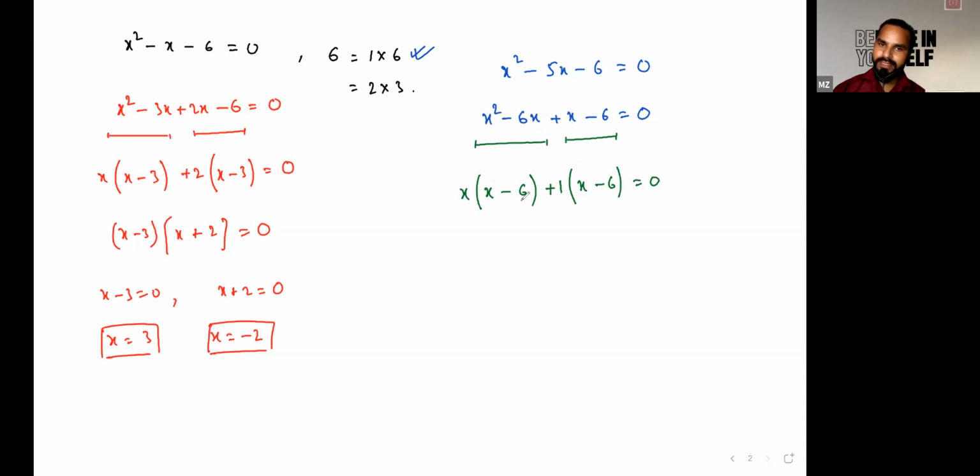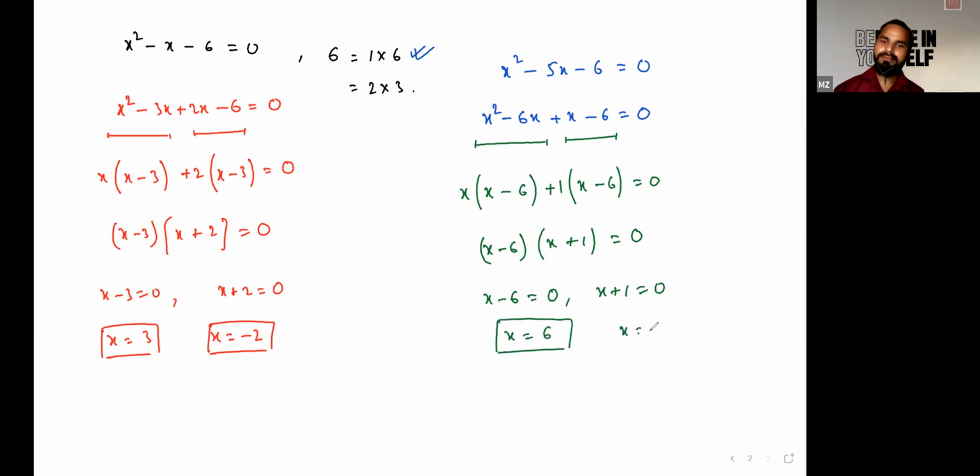Now we have x minus 6 as common from both these parts. So we're left with x plus 1 is equal to 0. Now equate each term to 0. It will give you x is equal to 6 and x is equal to minus 1.